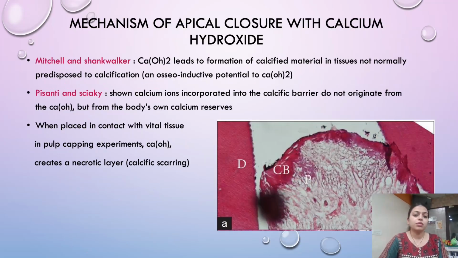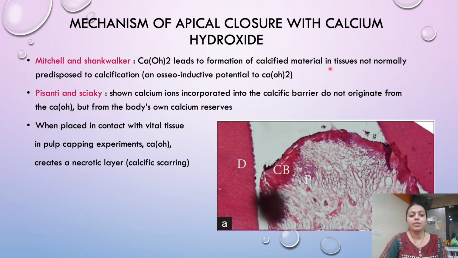So the mechanism of apical closure here, just a histological picture over here. According to Michel and Schanwalker, calcium hydroxide leads to formation of a calcified material in tissues which is not normally predisposed to calcification. So we can say it has osteoinductive potential.